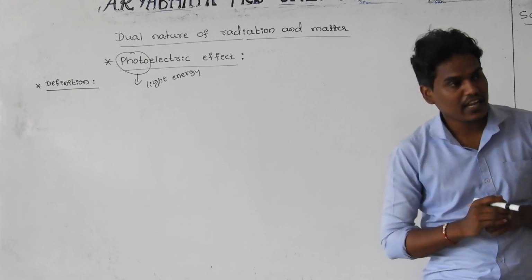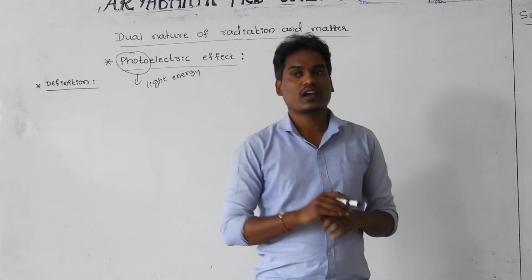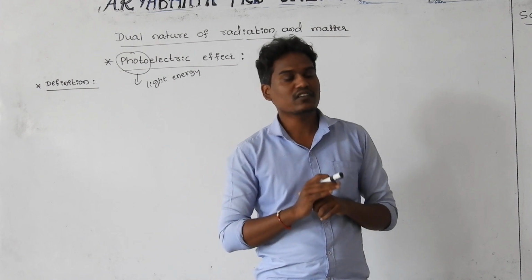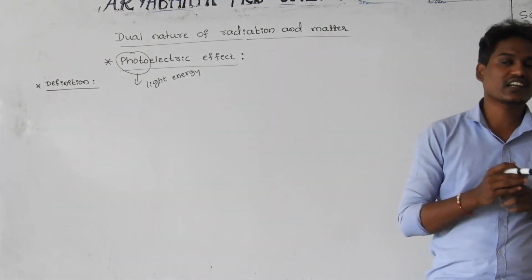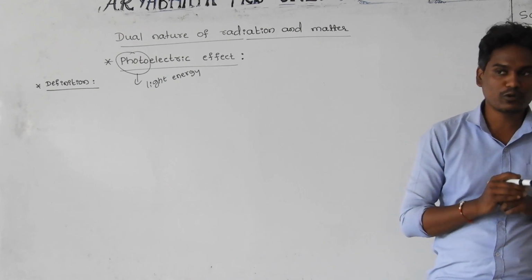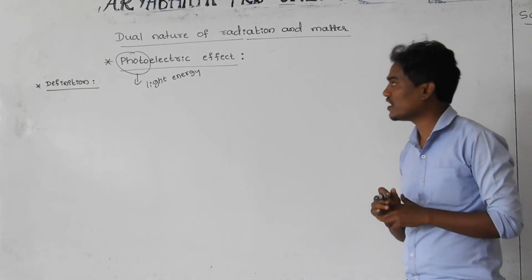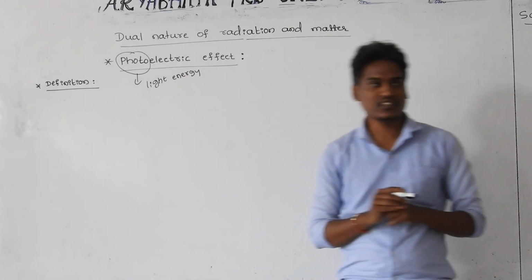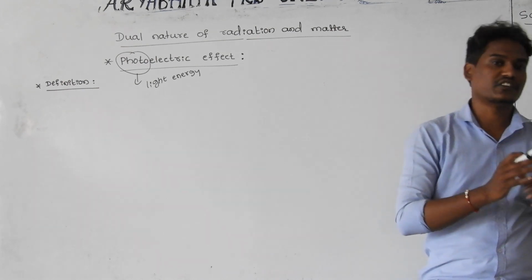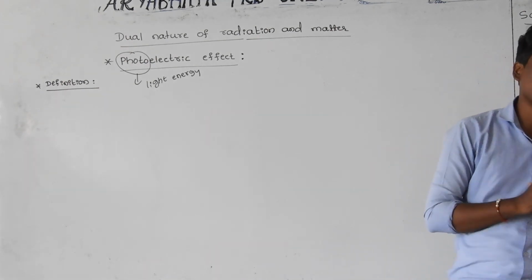Whenever the emitted electron moves from the cathode plate to the anode plate, there is a generation of current in the circuit. That generated current is due to the use of external energy, light energy. How do we produce current here?